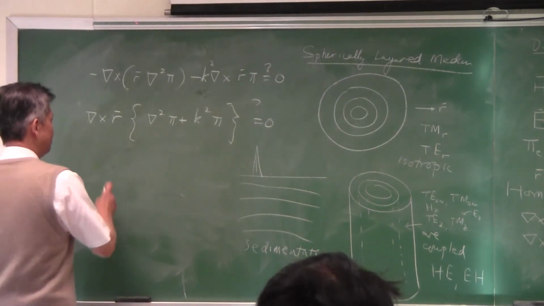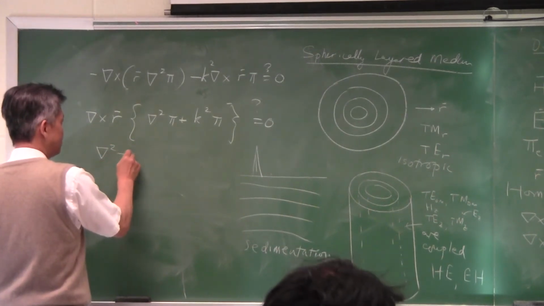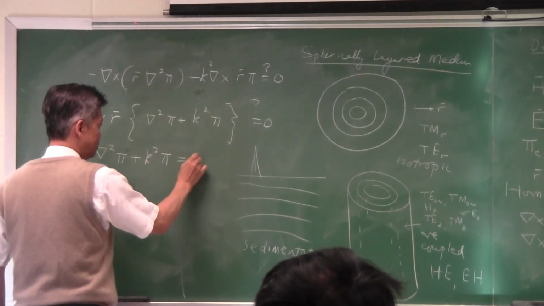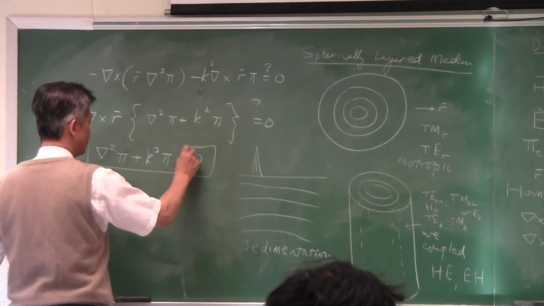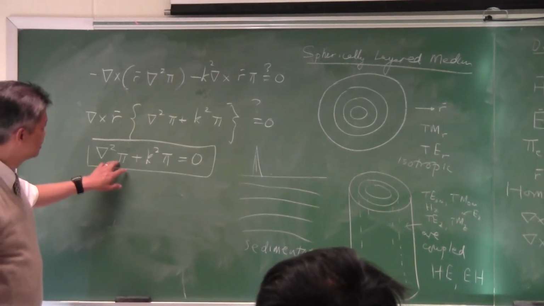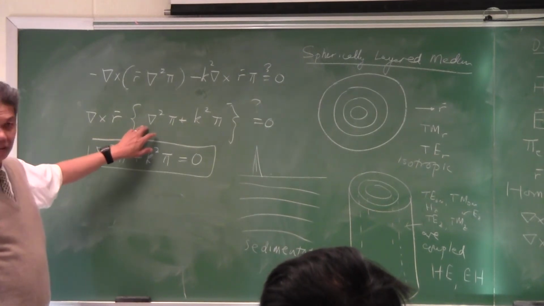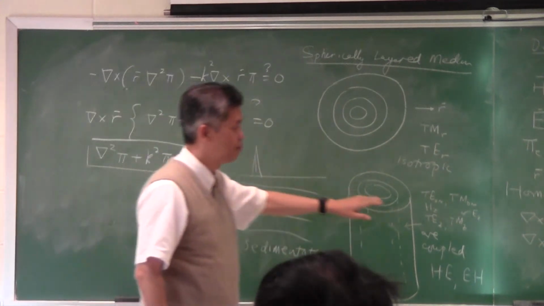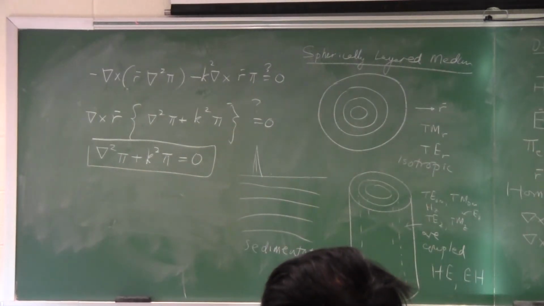Now if I impose the fact that this has to be 0, my divide potential satisfies this equation. If I enforce this condition, then my divide potential satisfies this equation. It means that this has to be 0, and you can go backward. And that this has to be 0 finally.